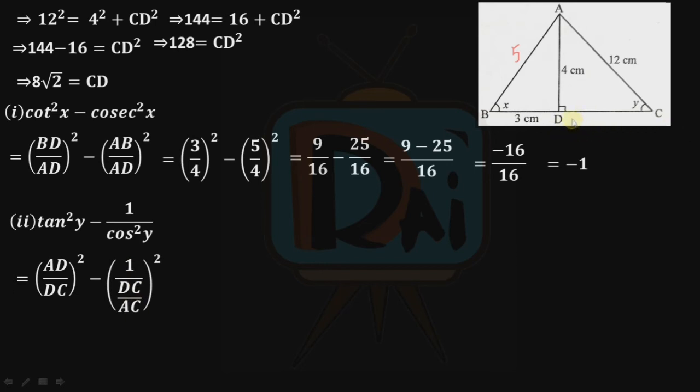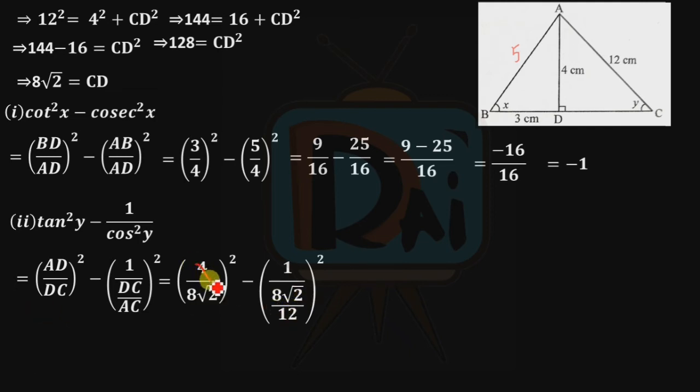Base is DC divided by hypotenuse is AC. So the value of AD is 4 divided by CD, which is equal to 8 root 2, whole square, minus 1 divided by DC, which is 8 root 2, divided by 12.